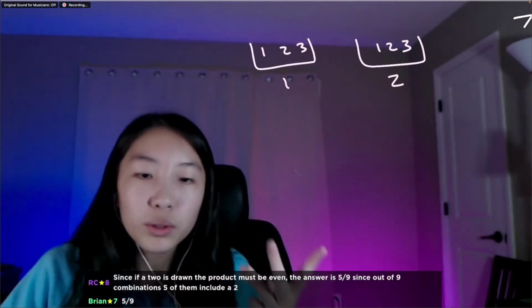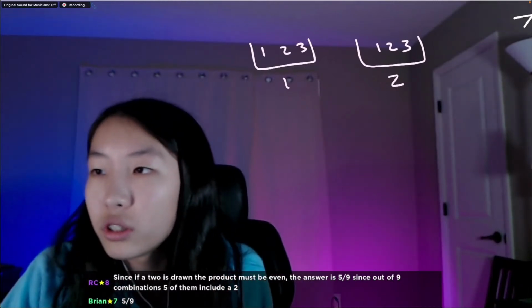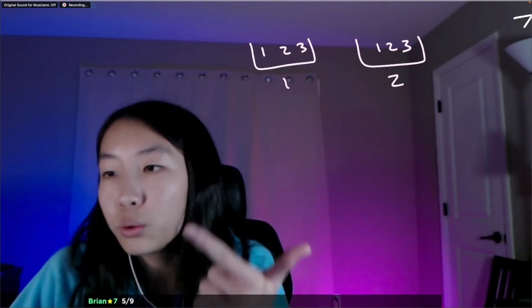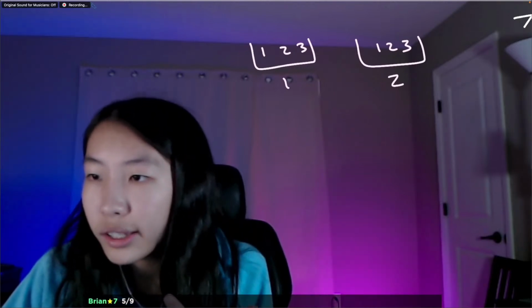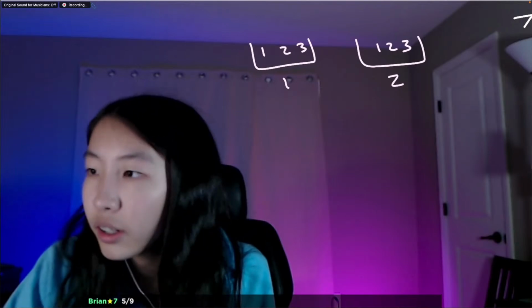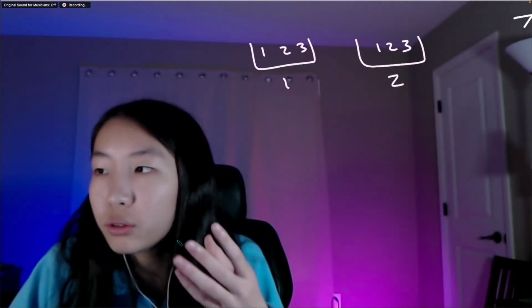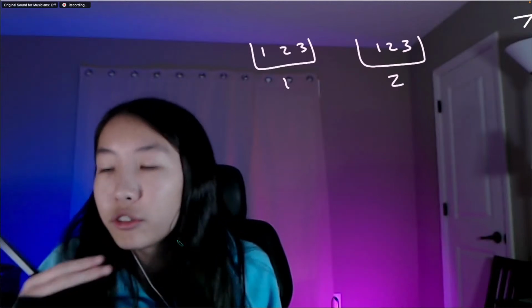So there are 2 things we need in every probability question: the successful outcomes and the total number of outcomes. In this case, there's actually not too many total outcomes, so one thing you can do is try to get some sort of pattern.